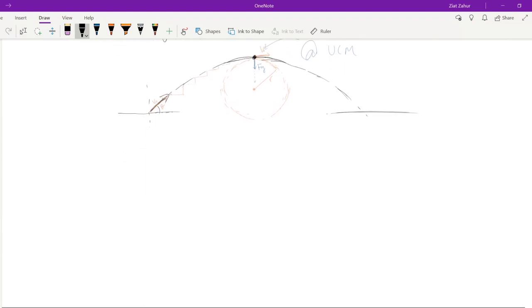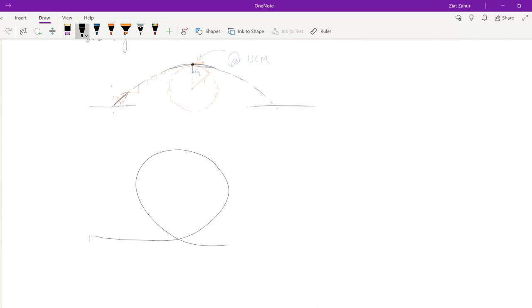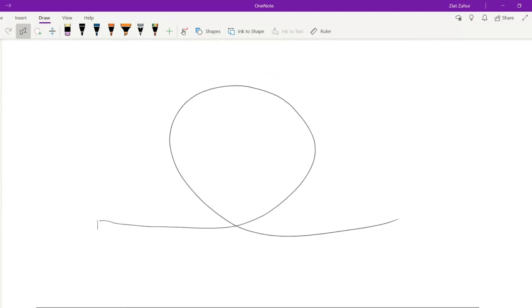Alright, what can we do with UCM? Well, we can start doing loop-de-loops. So if I have a roller coaster, whoa, and I want to make sure my roller coaster cart does not fall, recall that there's a minimum velocity, v minimum, required to negotiate this loop without falling.